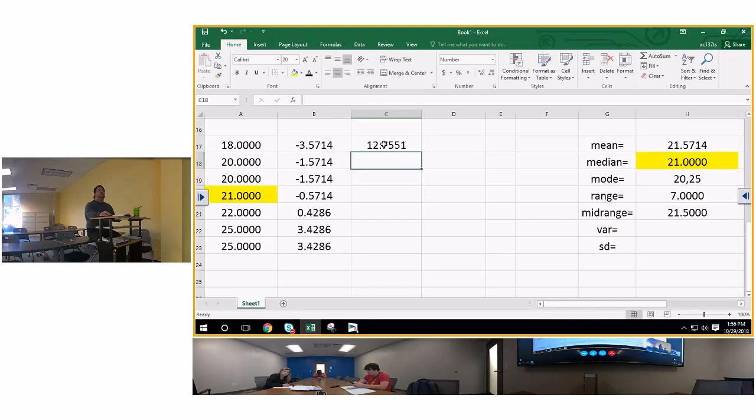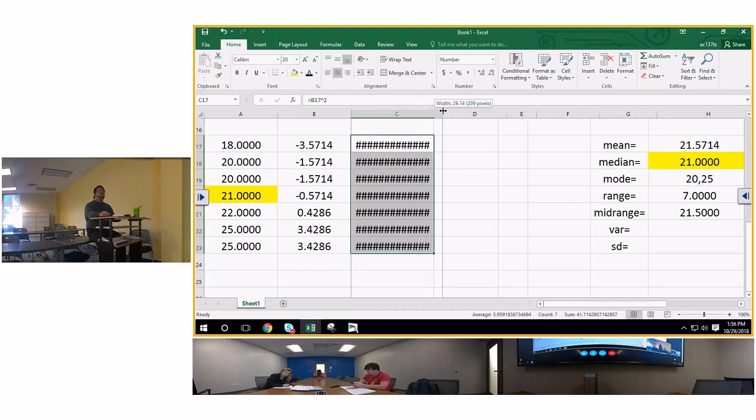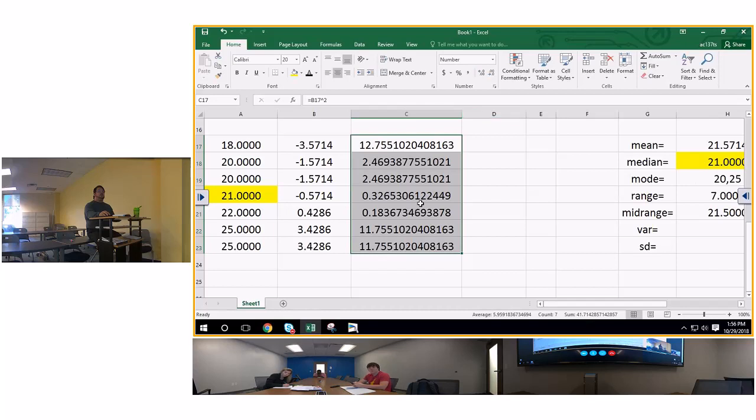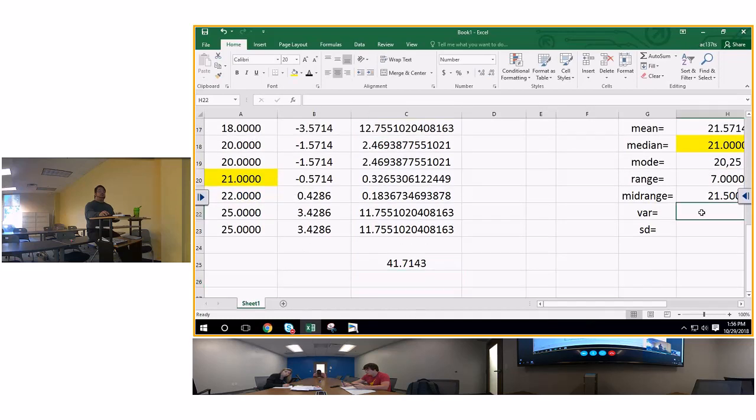And that's going to give me this number. Okay, I don't know why it went to 10 digits all of a sudden, but whatever. And then I'm going to sum that up.